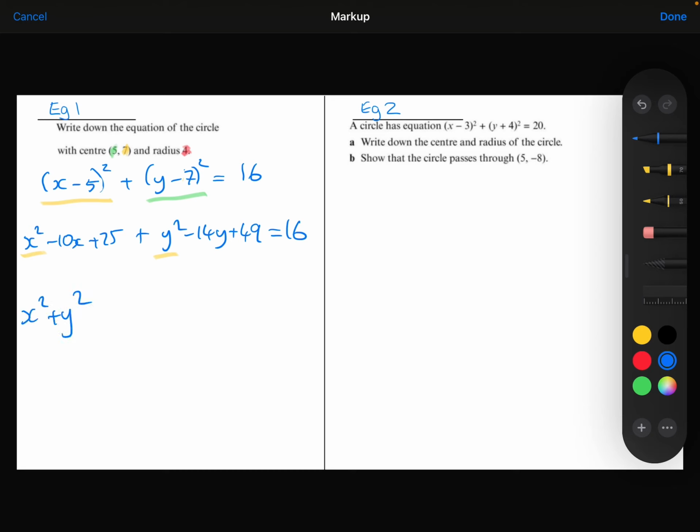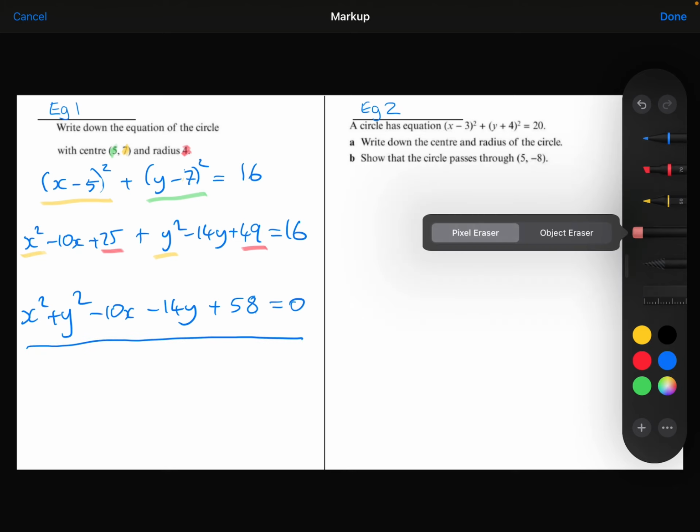Then we could put the x term and the y term. And then if we collect up these constants, the 25 plus the 49 is 74. And then we could subtract the 16 from both sides, so it equals 0. The 74 take away 16 is 58.